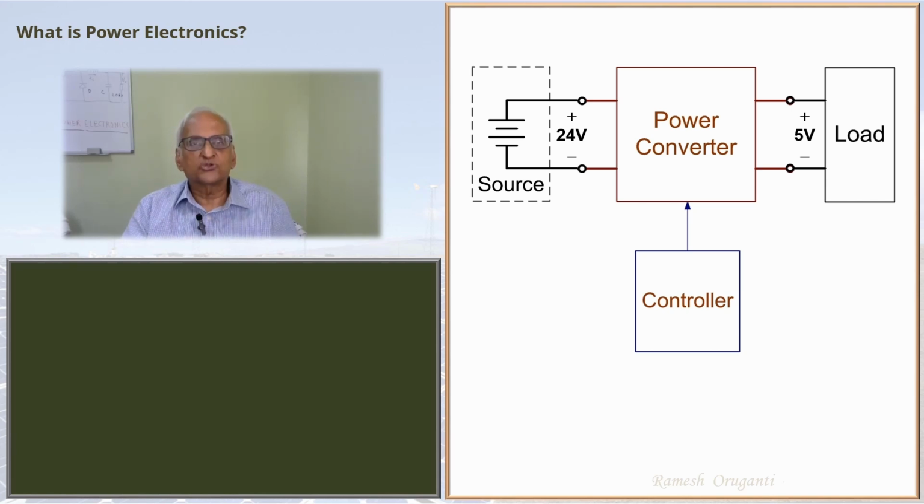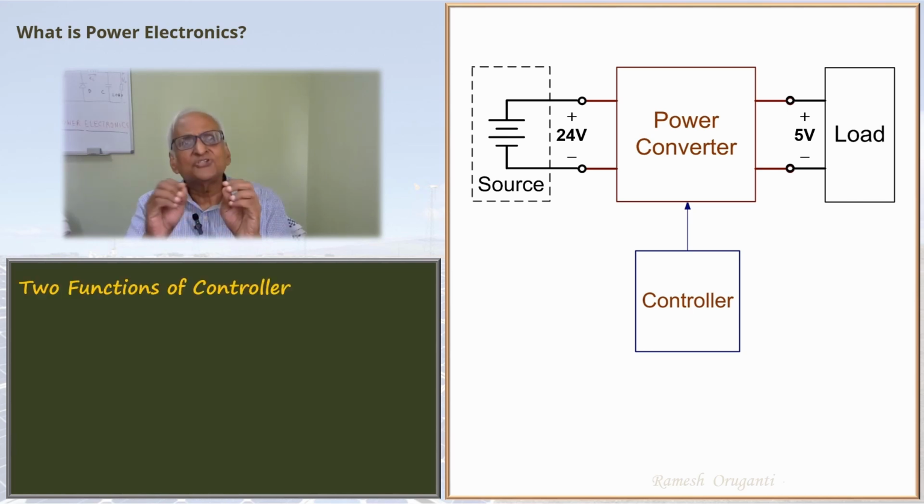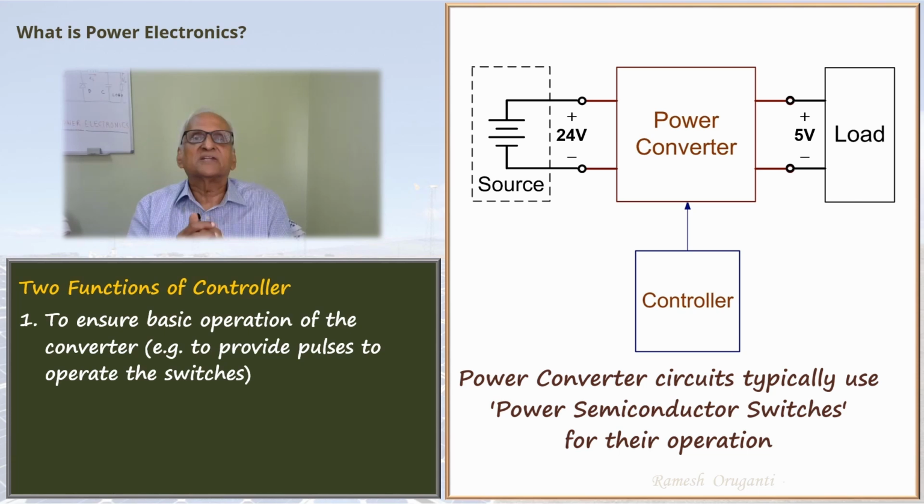That's what this controller does. The controller has two functions. One is to ensure that the basic operation of the converter is taken care of. The power semiconductor devices are operated as switches. They are switched on and off properly, and that is the controller's business.